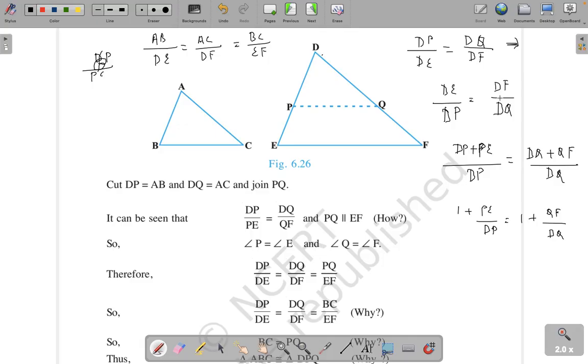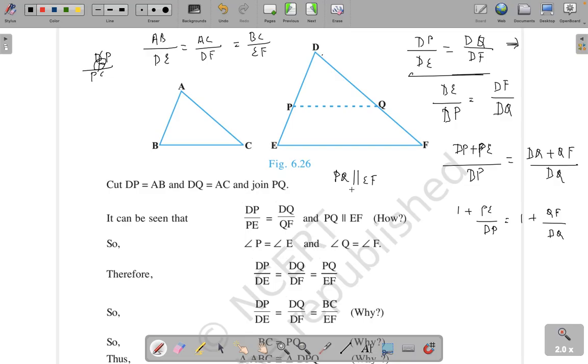Isn't this the converse of BPT? You are given DP upon DE is equal to DQ upon DF. So PQ is parallel to EF from the converse of BPT.